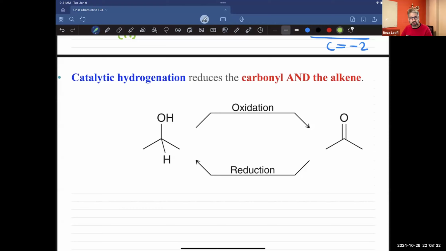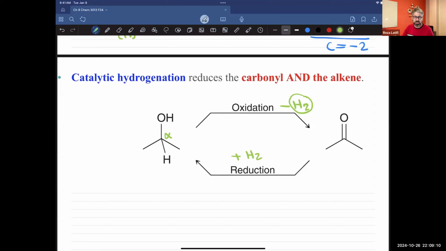In order to oxidize an alcohol and turn it into something else, we need to have OH attached to a carbon that has at least one hydrogen attached to it, at least one hydrogen on the alpha carbon. And so we're going to subtract H2, hydrogen gas, from it, and we will turn it into a carbonyl group. Or you can take the carbonyl group and simply reduce it. And how do I reduce it? I'm going to add hydrogen gas to it.